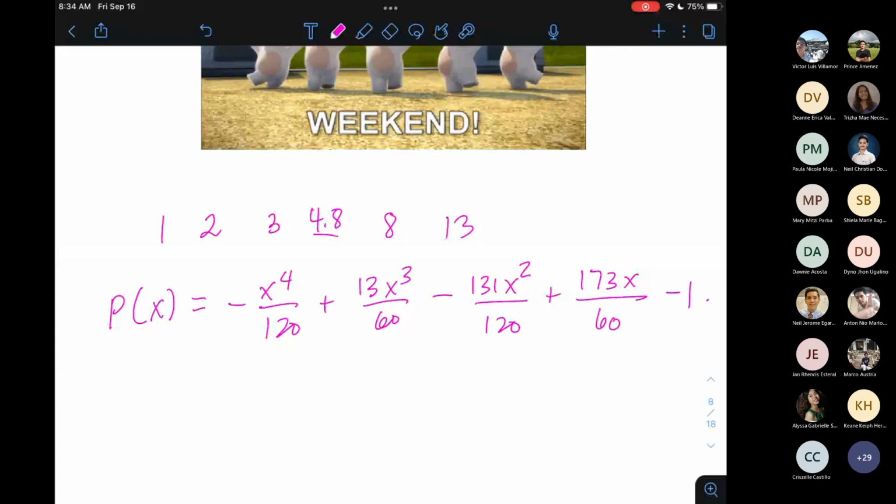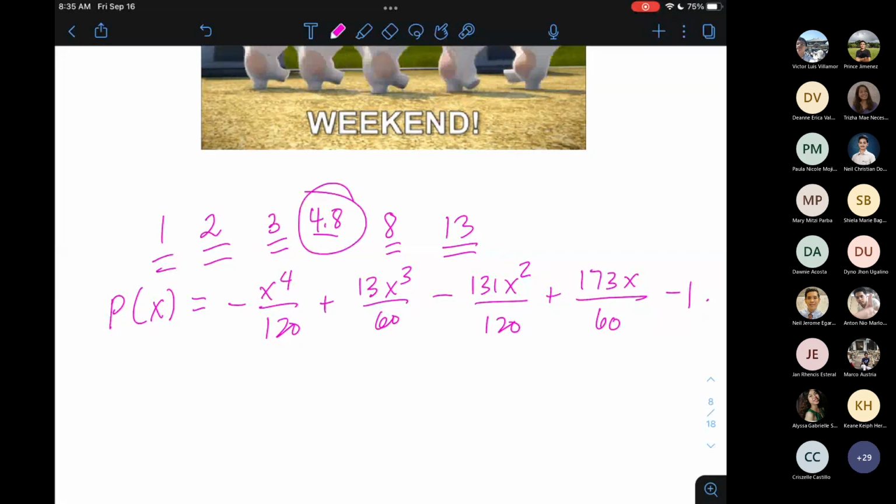Pag pinlagin nyo si 1, makukuha nyo si 1. Pinlagin nyo si 2, makukuha nyo si 2. Pinlagin nyo si 3, makukuha nyo ay 3. Pinlagin nyo si 5, makukuha nyo ay 8. Pinlagin nyo si 6, makukuha nyo ay 13. So pag pinlagin mo si 4, makukuha mo si 4.8, right?